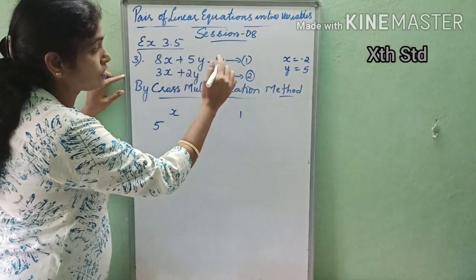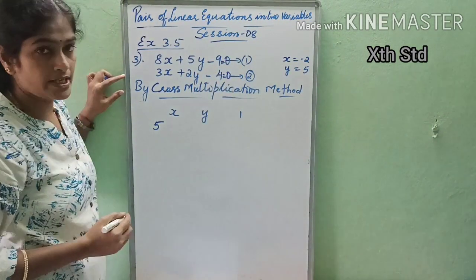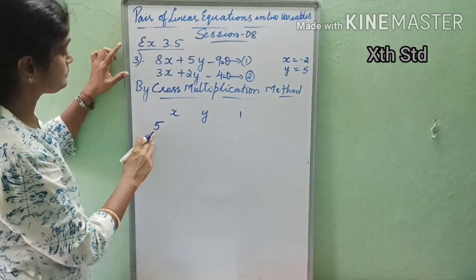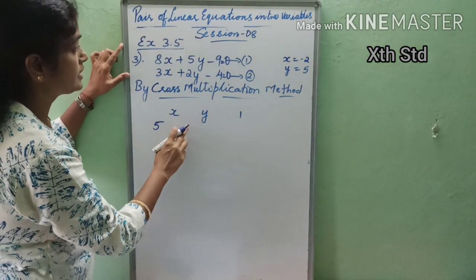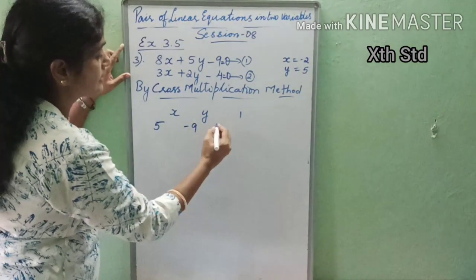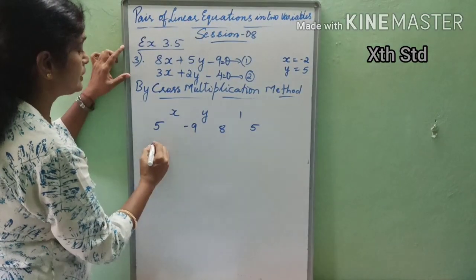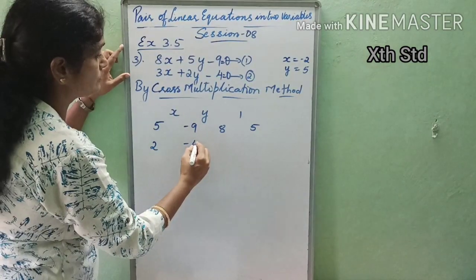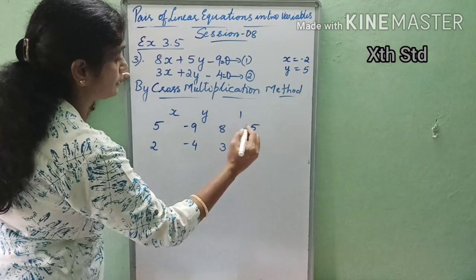So I am putting it equal to 0. Now, what we have to do? B1, coefficient of y, C1 is minus 9. Then A1, 8. Then B1, 5. Then A2, B2, C2.